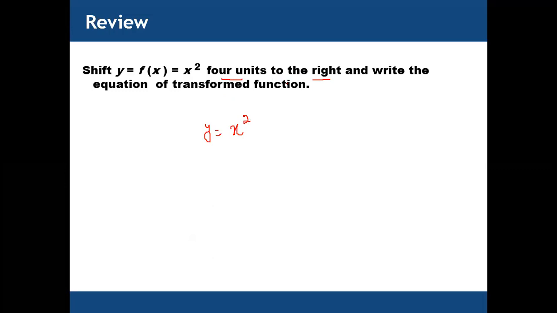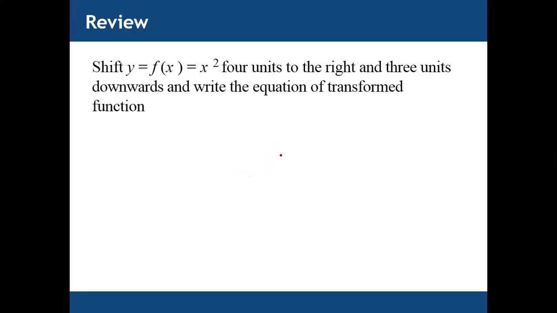It will be x minus 4 all to the power of 2. Excellent. Then we replace x with x minus 4, so y equals x minus 4 whole square. Excellent, well done.